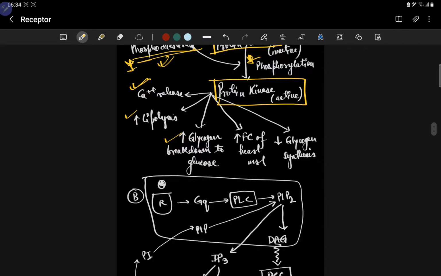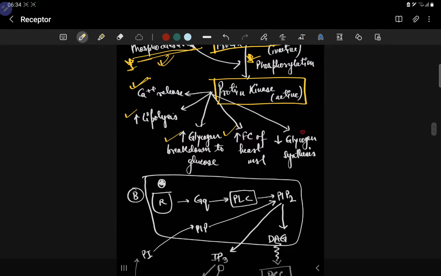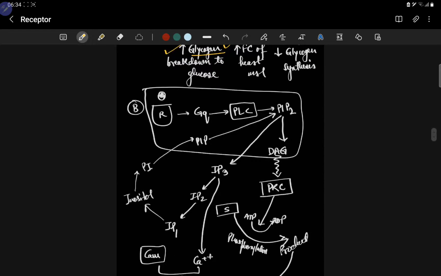It increases the glycogen breakdown into glucose. Okay, and increases the function capacity of a heart muscle, and it decreases the glycogen synthesis. So it actually has a catabolic role. Okay, it breaks the glycogen, it breaks the lipids. Okay, with the help of even calcium release also there, right? So you should know about this.